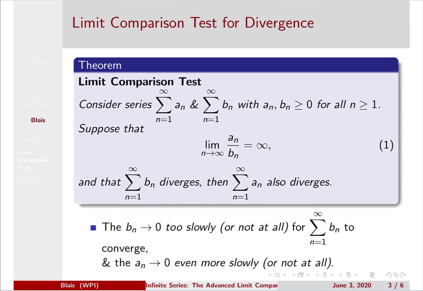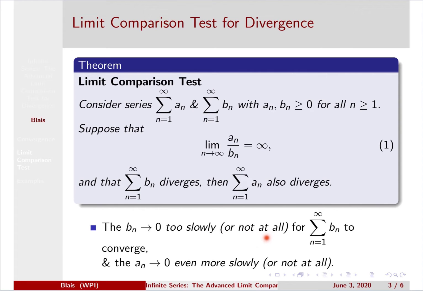So first of all, let's think about it in the context of the idea that for a sum to converge, the terms have to race to zero fast enough. Here we're saying that the sum of the b sub n's diverges. If it diverges, it means the b sub n go to zero too slowly or not at all. Maybe they have a limit other than zero.